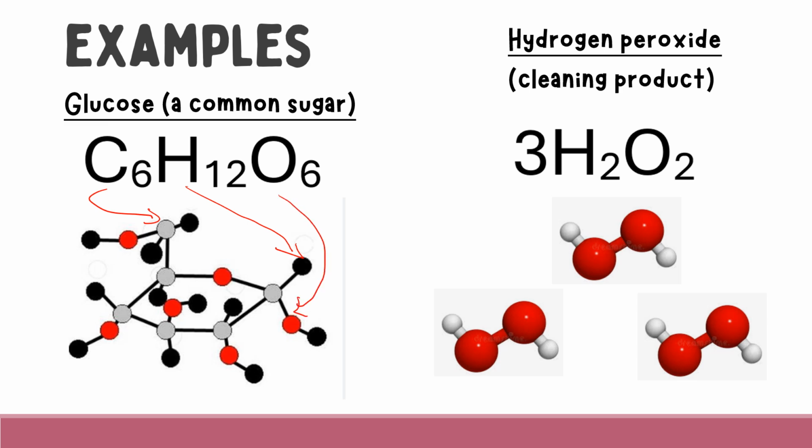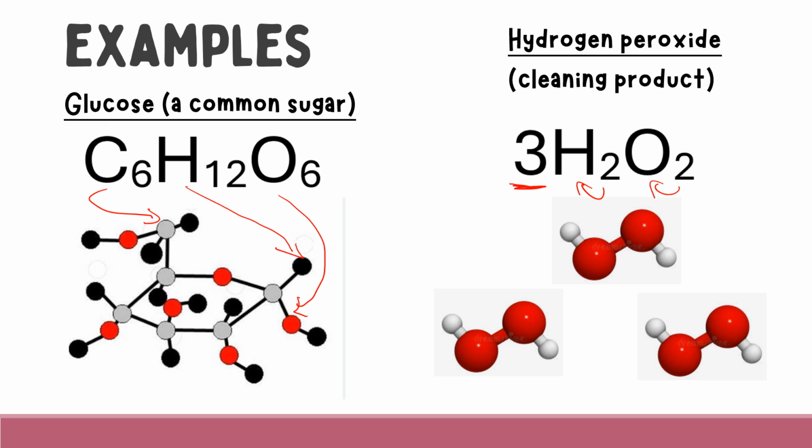Hydrogen peroxide is another molecule, a bit more simple than glucose. It's a common cleaning product, and it's also the one that we break down to make elephant's toothpaste. So we've written out a molecular formula here. This tells us there are 3 molecules of hydrogen peroxide, and in each molecule of hydrogen peroxide, we've got 2 hydrogens and 2 oxygens.